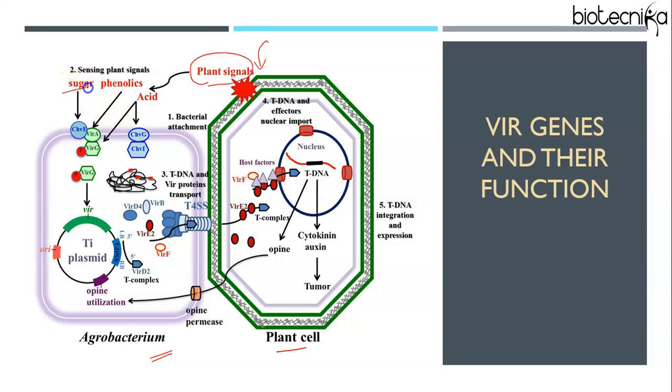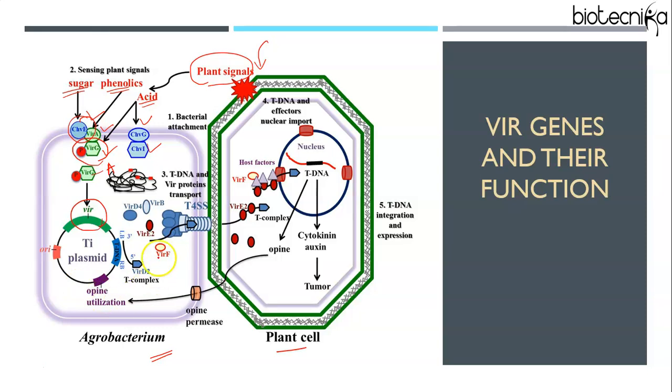They will be in the form of sugar molecules, certain phenolic compounds or acids. These will be received by certain virulence genes like virA, G, and chromosomal virulence genes like chvE, G and I, which in turn help in the phosphorylation of the virG gene, thereby activating it. This virG gene is responsible for activating other virulence genes.